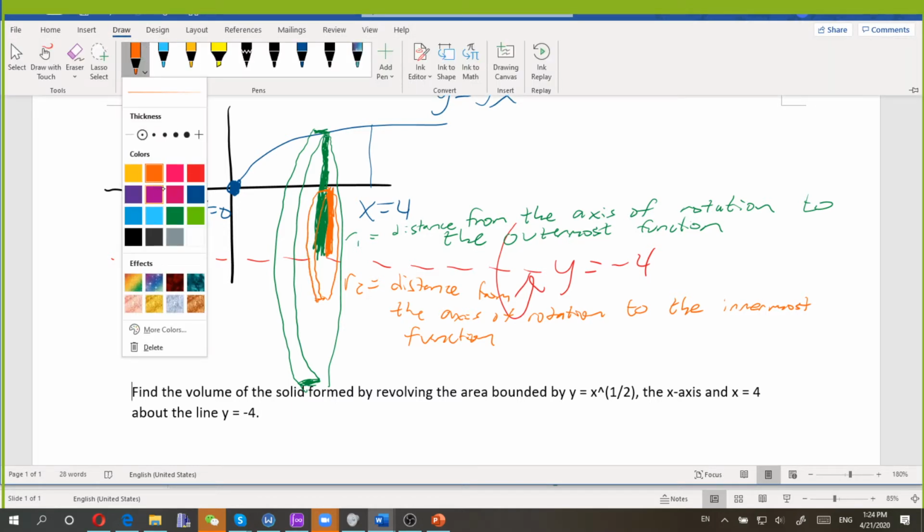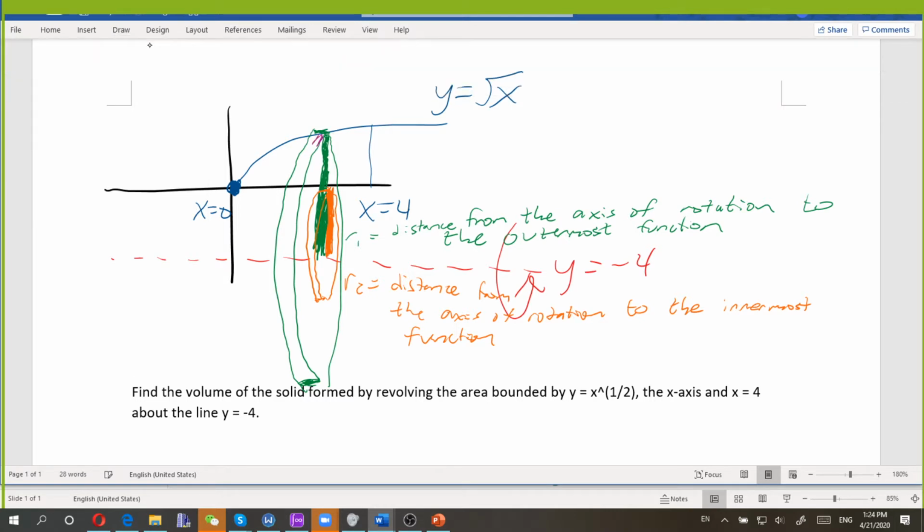Okay, again, we've got depth to these, which is an infinitely small depth we can represent as our change in x.